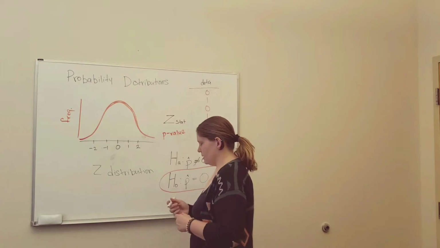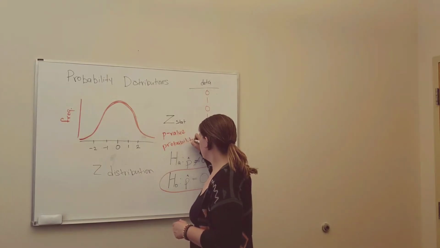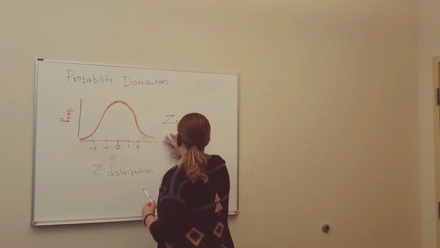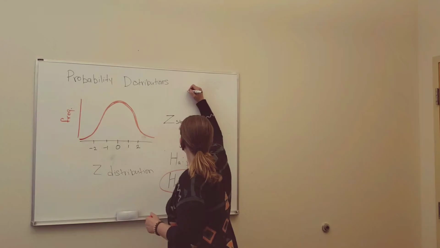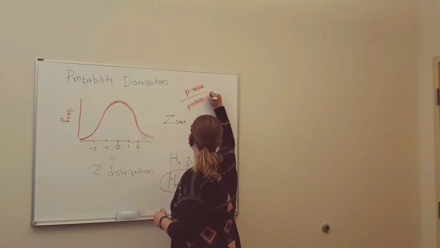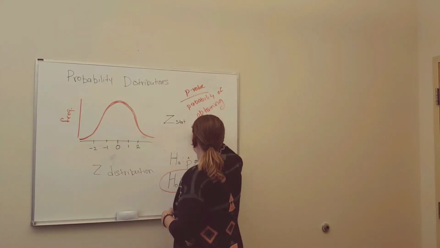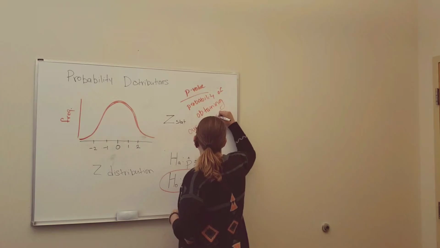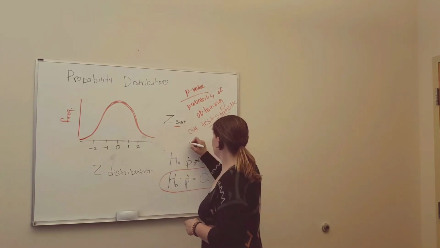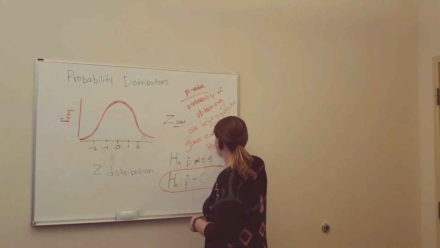And what the p-value is, it's the probability of obtaining our test statistic, in this case z, given that the null hypothesis is true.